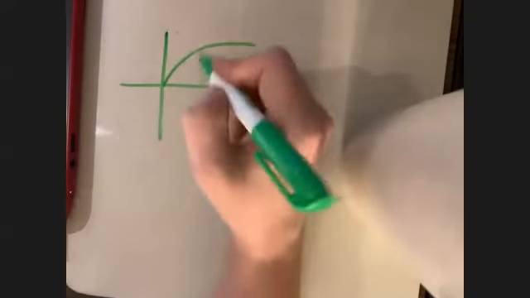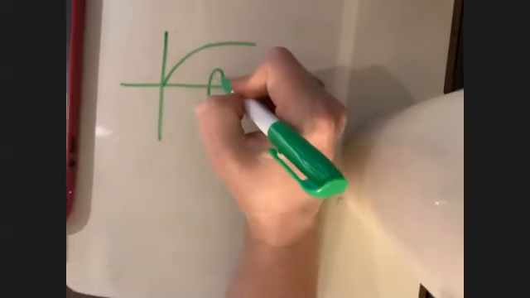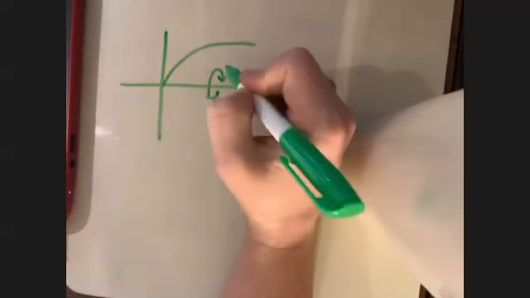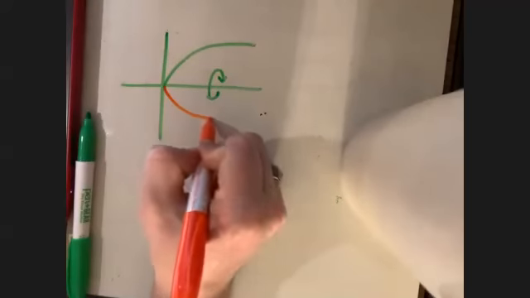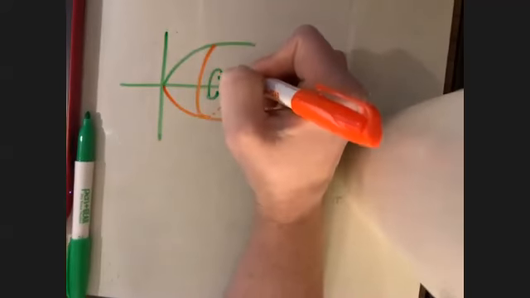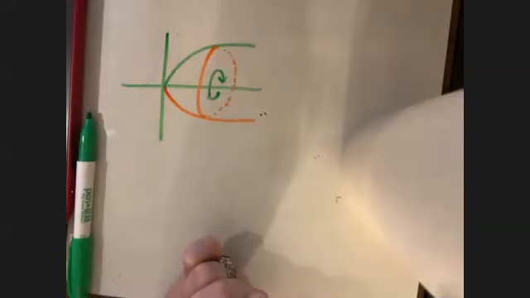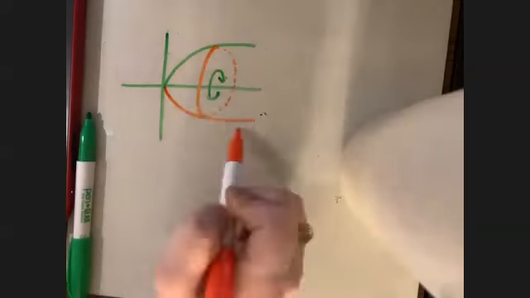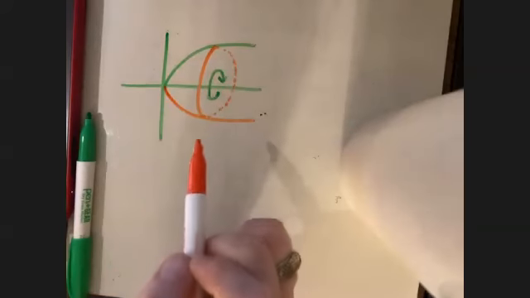We're going to spin this thing around the x-axis. So now we're getting a shape that is solid, but we have circles as our cross section. So this looks kind of like a U-shaped bowl that's solid all the way through.